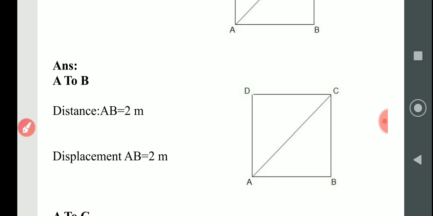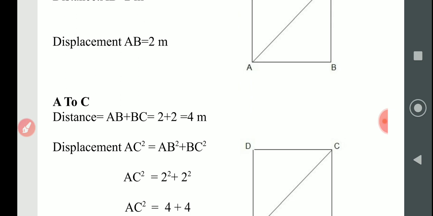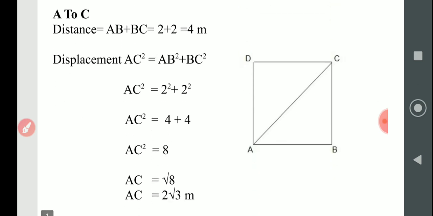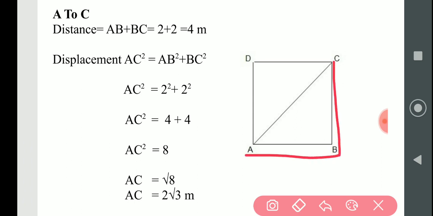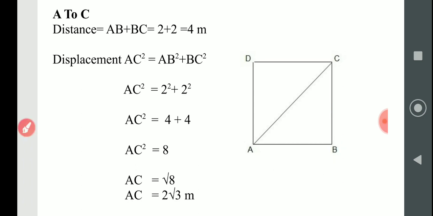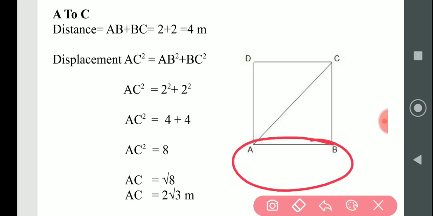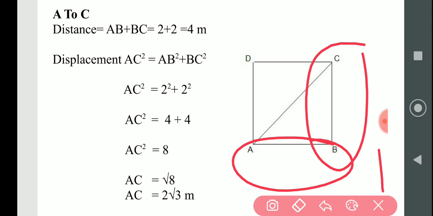Let's discuss the second case, which is A to C. In this case, first we have to find the distance between A to C. For finding the distance between A to C, we have to find the distance between AB and BC, and then we will add both the distances, which is equal to AC.